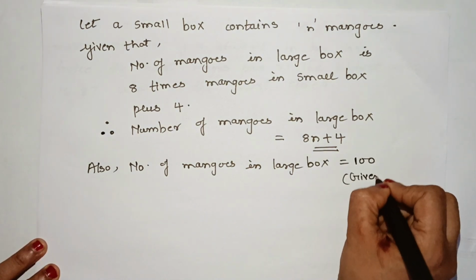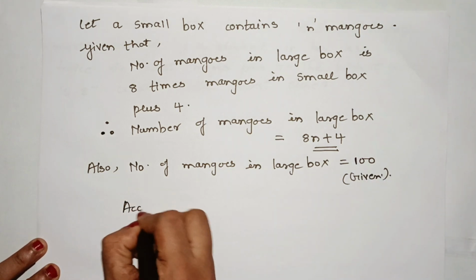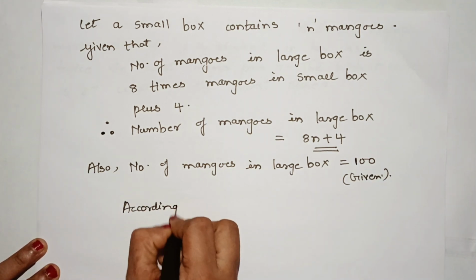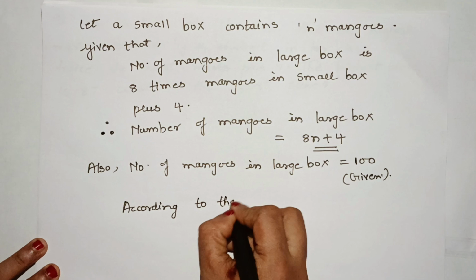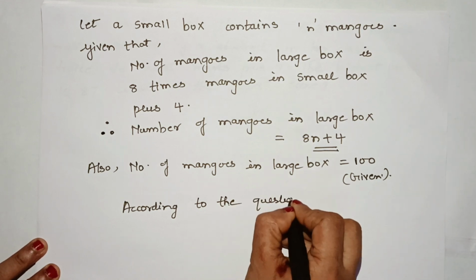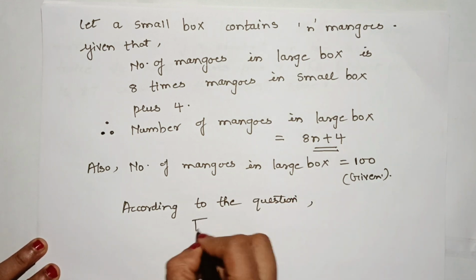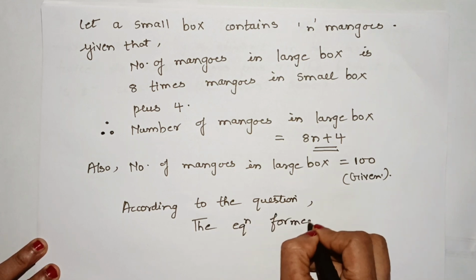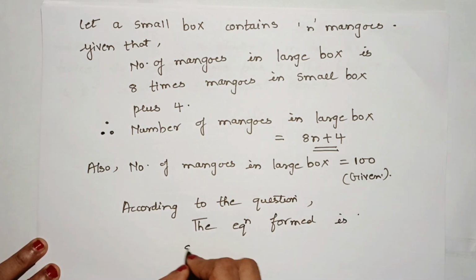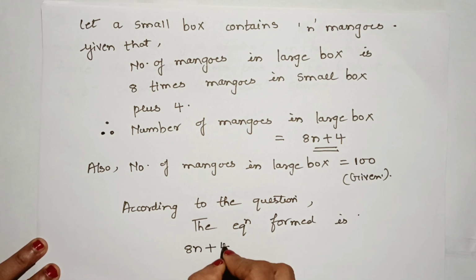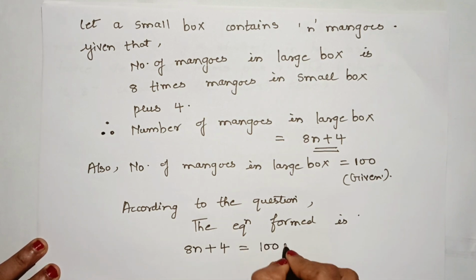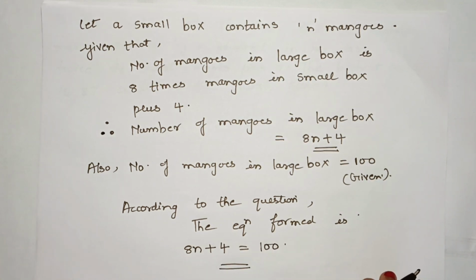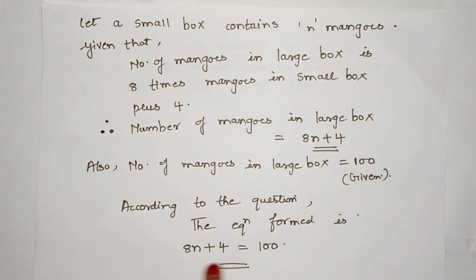So this is your given part. According to the question, how are you going to set up an equation? The equation formed is 8n plus 4 equals 100. In this way, sometimes in the question they will ask you to just set up an equation. Okay, now let's switch to the next sum.